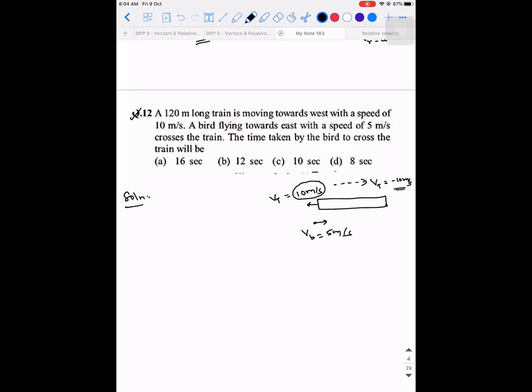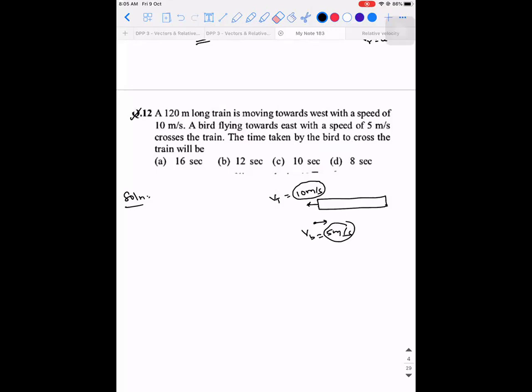If I take minus 10 meters per second in the other direction, can I say that the train has come to rest? Now what will happen is, in addition to the velocity of the bird, this will also get added. That is the only difference. So to put it in simple terms, if there are two objects having velocities in the same problem, then take the concept of relative velocity into consideration and solve it.